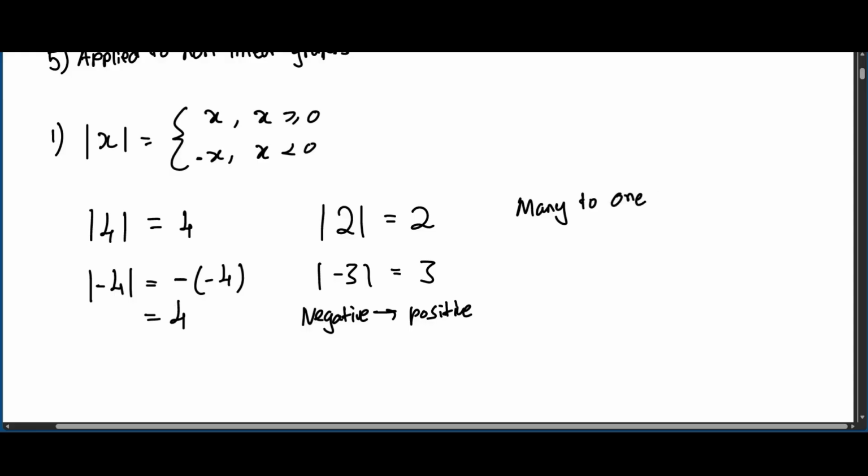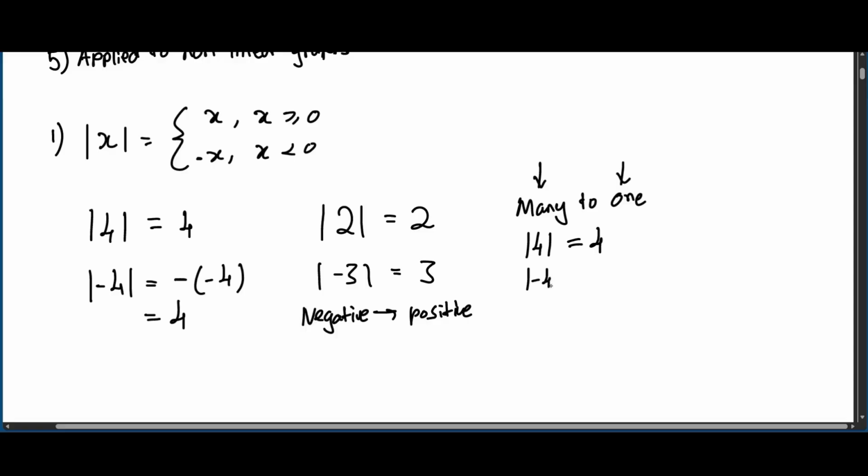Now, why? Remember, many-to-one functions mean that multiple different inputs have one output. For example, absolute value of 4 is equal to 4, as we saw just now.